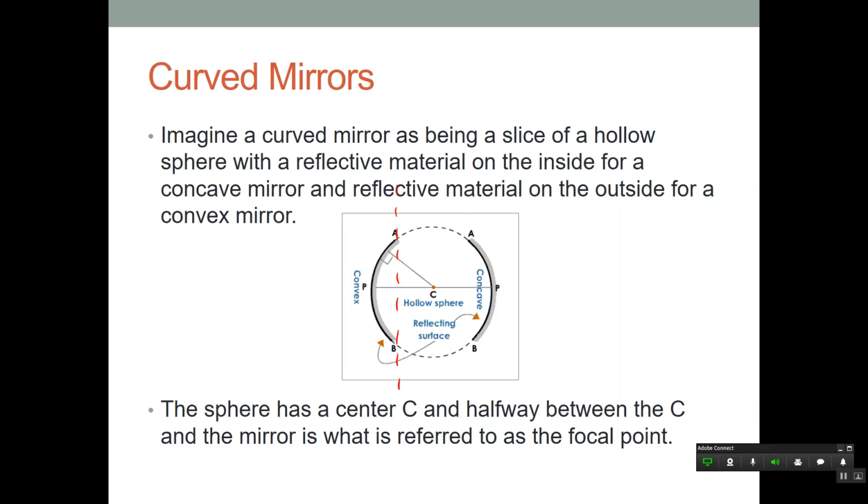That means if this was part of a sphere, this sphere had a center. And that center is called the center of curvature. So I'm going to call it C, the center of curvature.